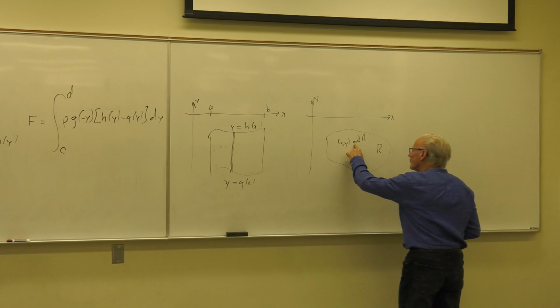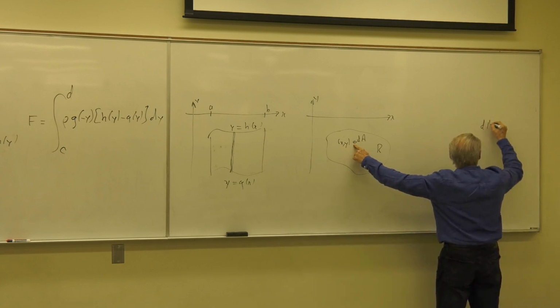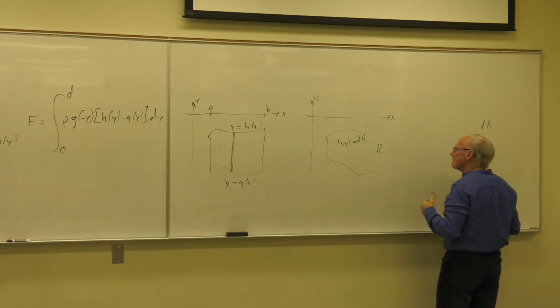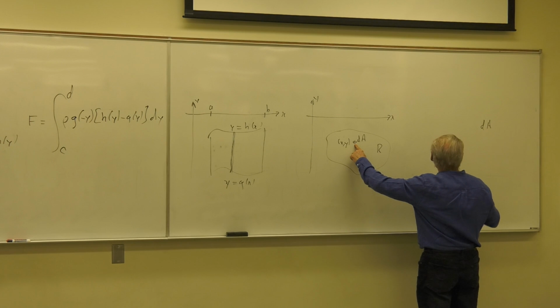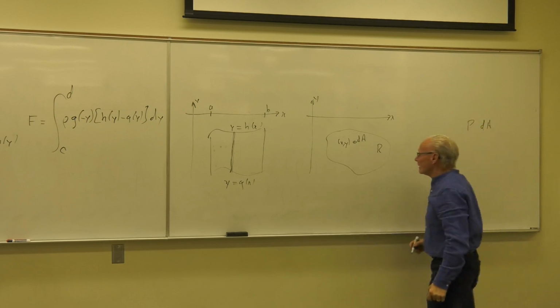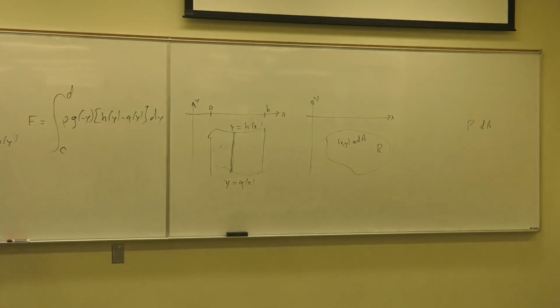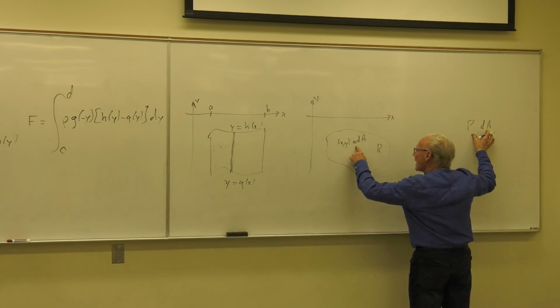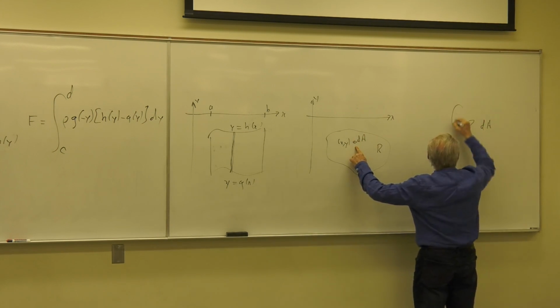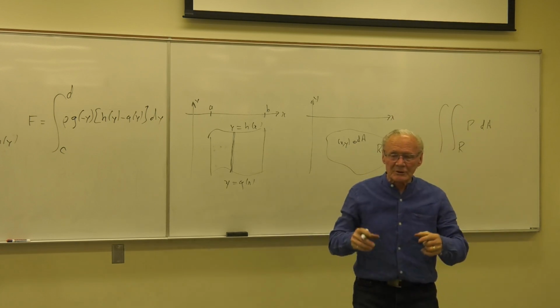I'm going to calculate the force on that little piece of area. That means its area, dA, multiplied not by force, but by pressure. Let's just let that be P. So pressure is rho g, and then a depth depending upon what the coordinate system is, but here it doesn't really matter. So there's the force on that little piece of area, and then I add over them all to get the total force on the plate.